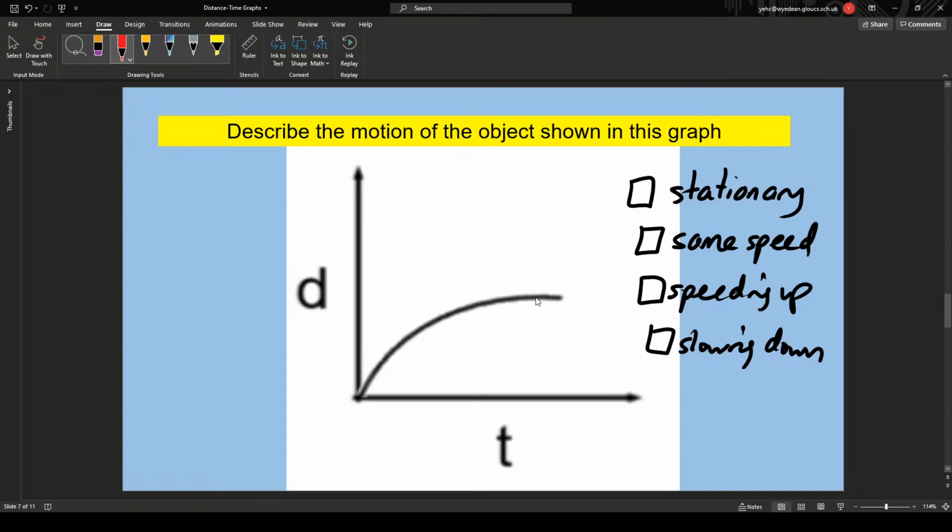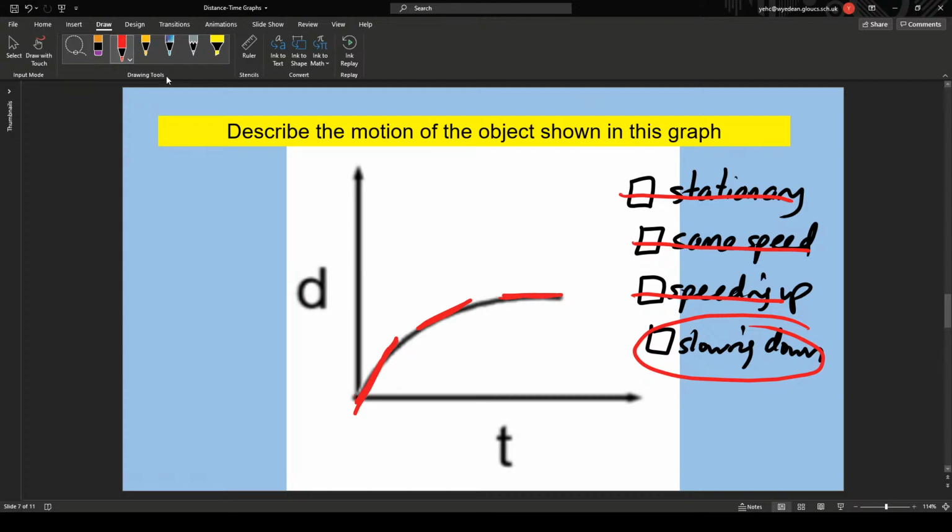I mean, it's maybe kind of becoming stationary at the end there, but in the entirety of this graph, distance is changing, so it can't be stationary. The slope is not the same the whole way through, so it can't be the same speed because speed equals slope. It's not speeding up because by here the slope is the steepest, so the speed is the highest. Then it levels off over time. So in this case, it is slowing down.